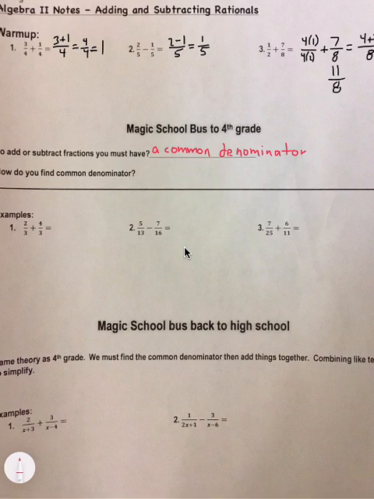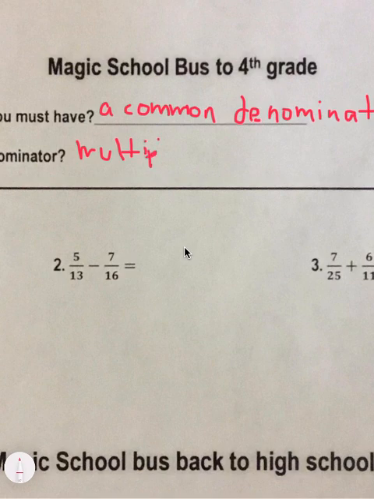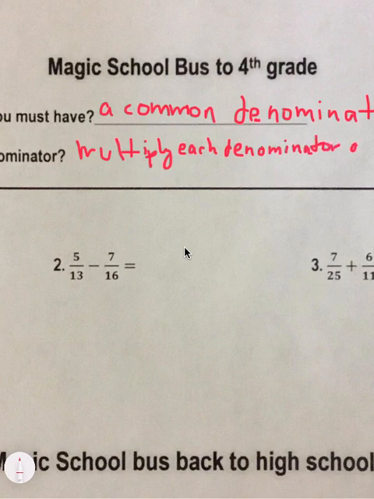A couple different ways. You can multiply each denominator by each other. Or you can find the least common multiple of the denominators, LCM for short.